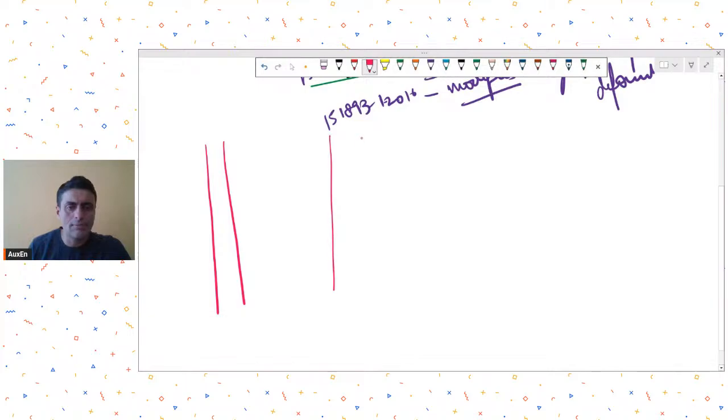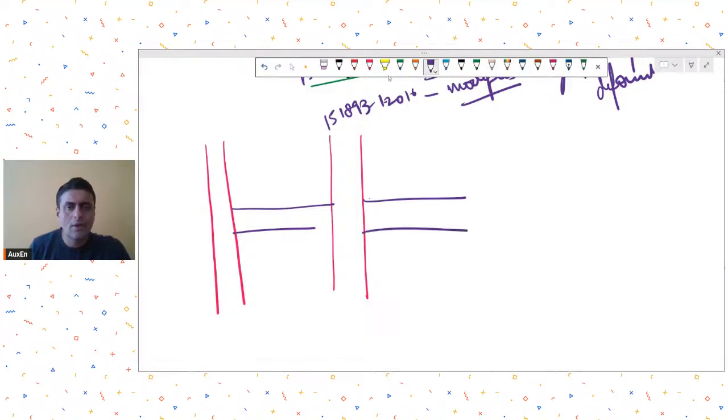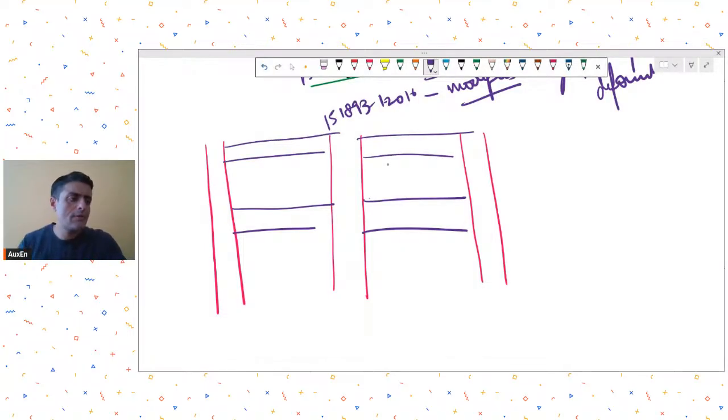These are, let's say, columns, and then these are beams. I hope the diagram is visible. These are columns, and then these are beams at the other level also.